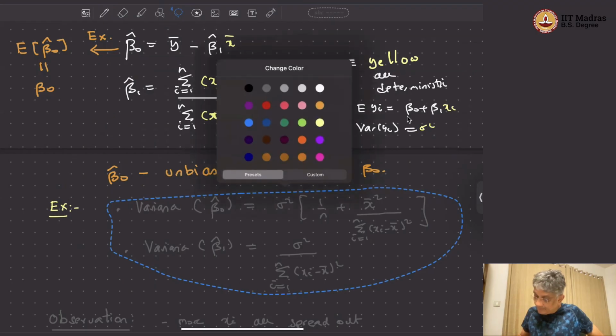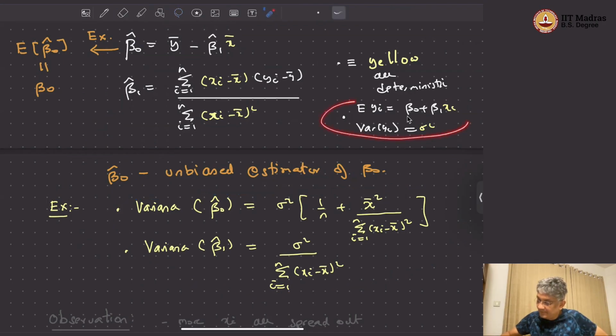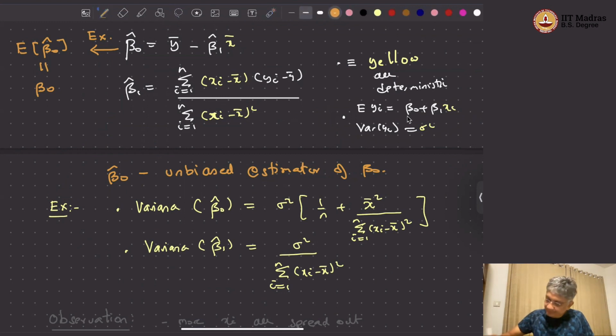Again, all you assume is that the y's are uncorrelated random variables with mean beta naught plus beta 1 xi and variance sigma squared. This is true for 1 less than or equal to i less than or equal to n.